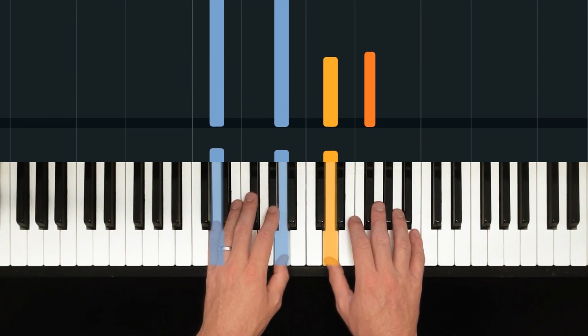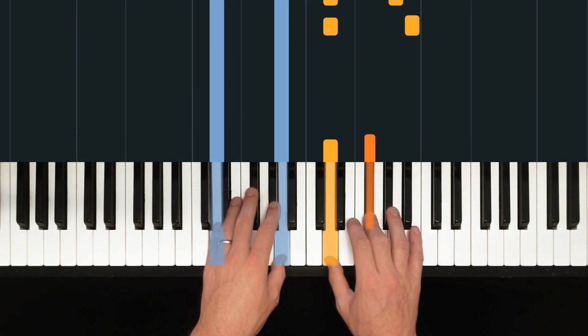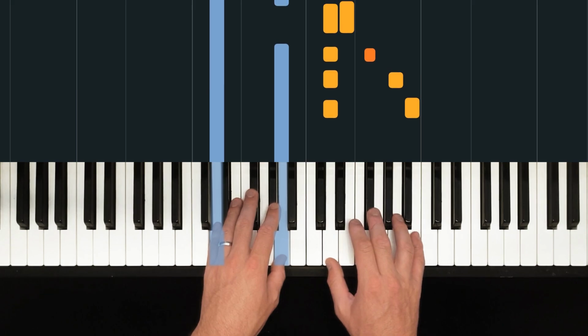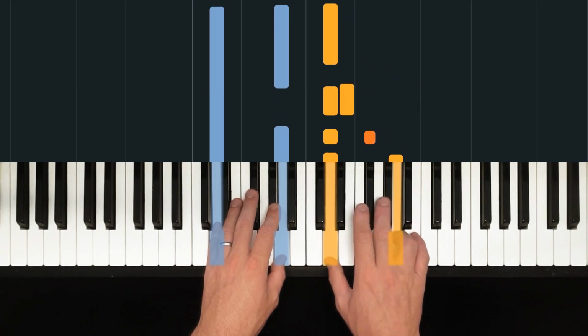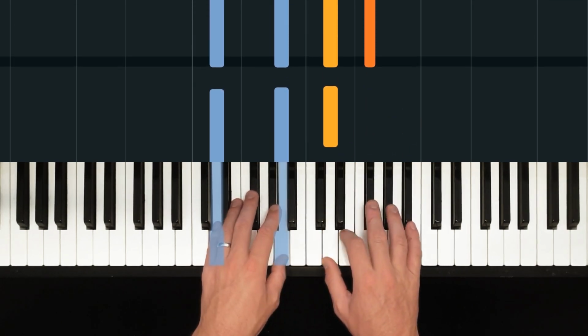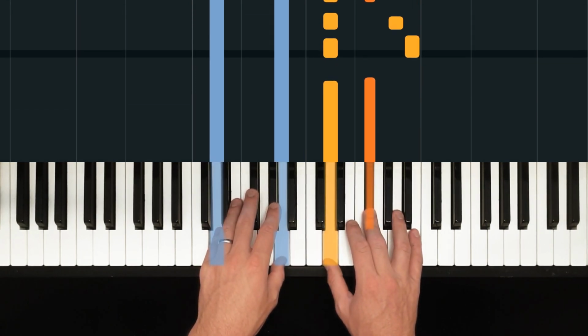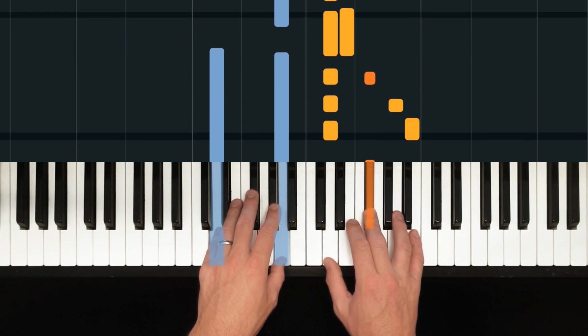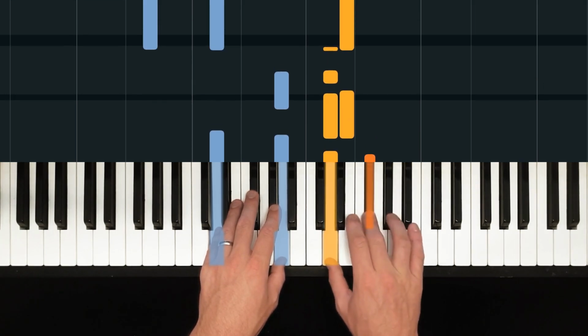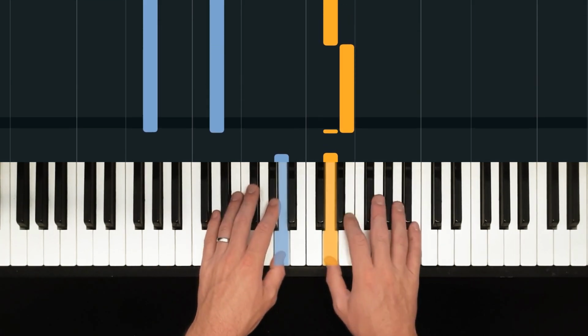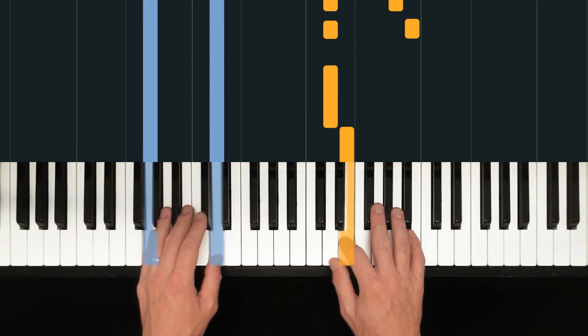That's the proper speed. Slow them. 1, 3, 4. Like that. 1, 2, 3 and 4 and next bar.